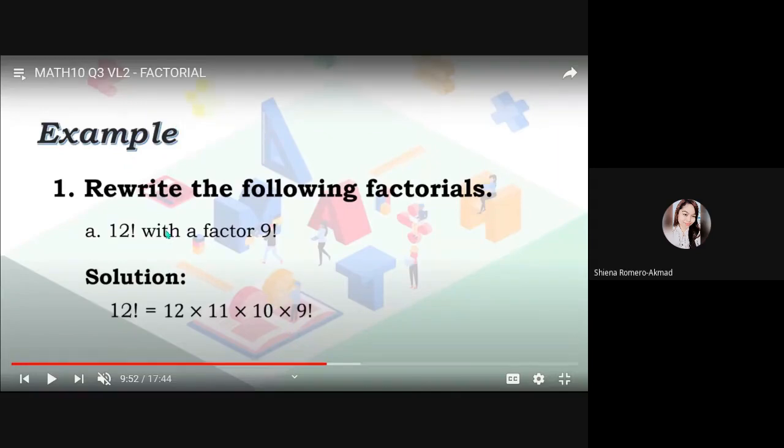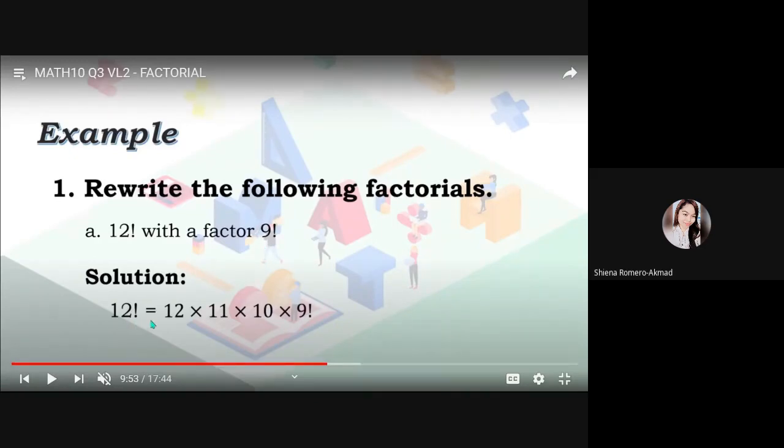For number 1, ang gagawin natin is we have to rewrite the following factorials. When we say rewrite, of course, isusulat niyo yung factors niya. Pero, you have to include the given. Tulad nito, sa letter A, 12 factorial. Isusulat niyo yung factors niyan, dapat isa sa factor niyan ay 9 factorial. Okay?